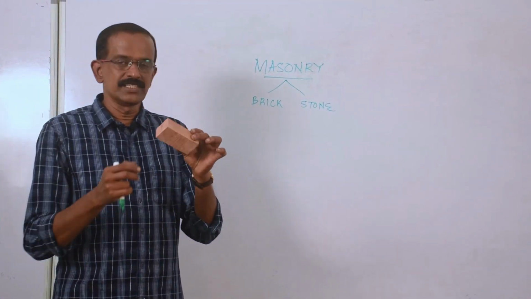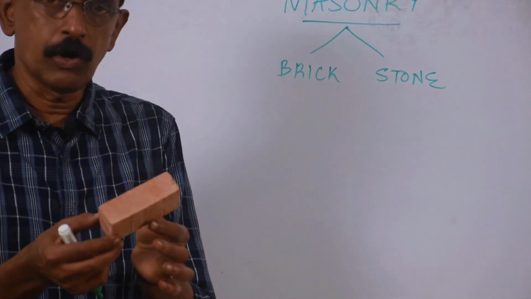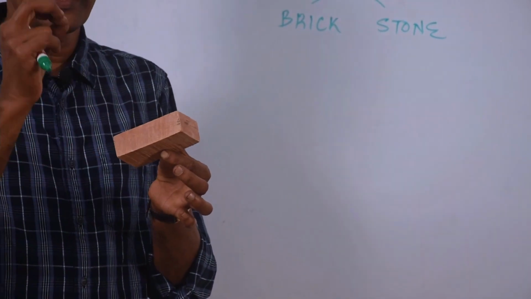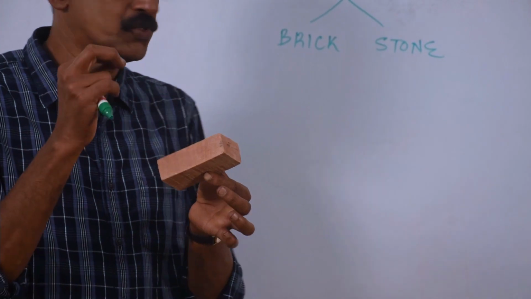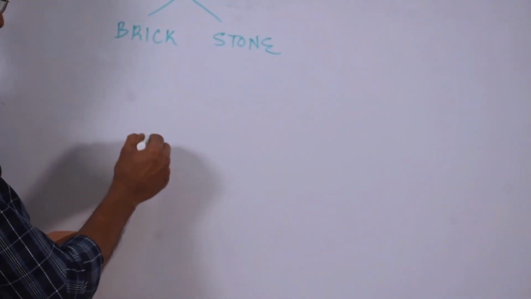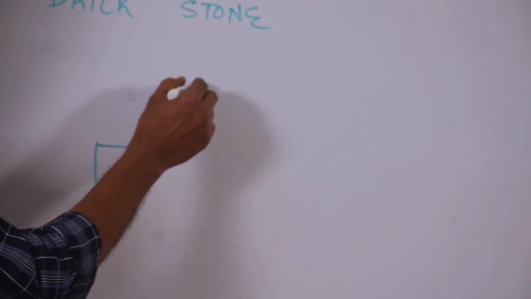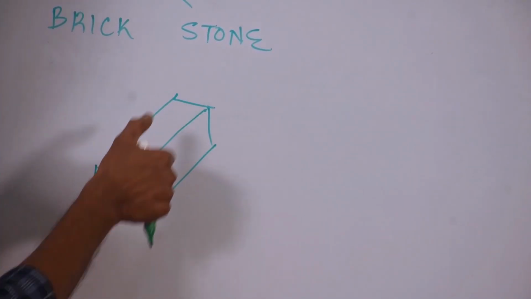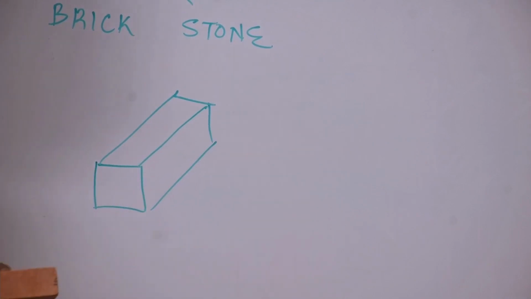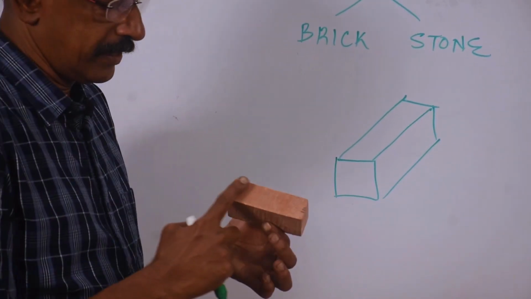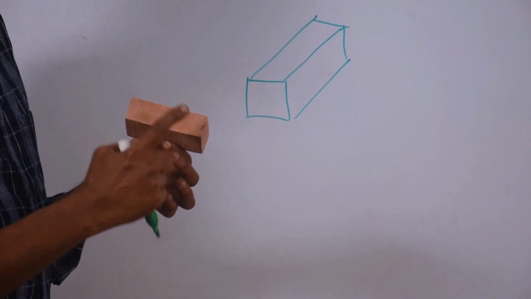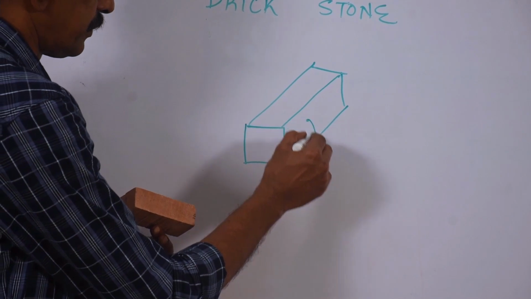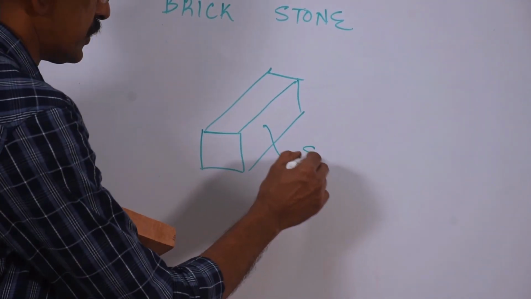Assume or consider this as a brick. This is only a wooden model. We have already seen the standard size of a brick is 19 by 9 by 9 centimeters. This face of the brick is called stretcher.